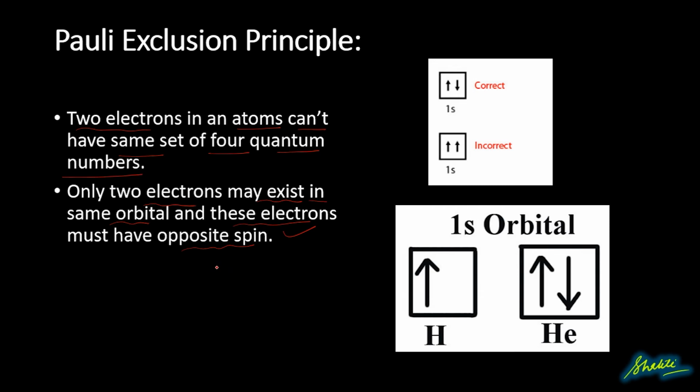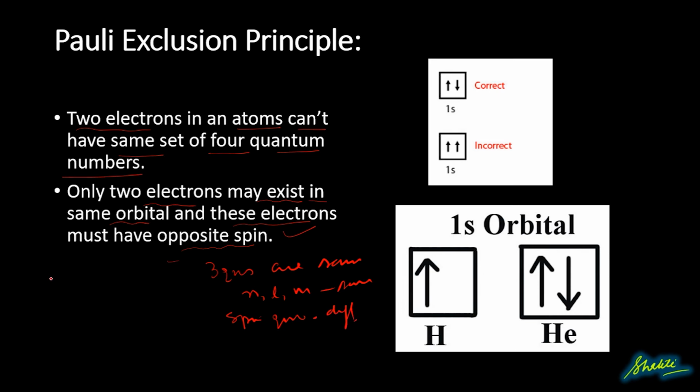Pauli's exclusion principle says that an orbital can accommodate at the maximum 2 electrons, and that too with opposite spins, and no two electrons have all 4 quantum numbers the same. If 3 quantum numbers, like n, l, m, are the same, then the spin quantum number should be different.